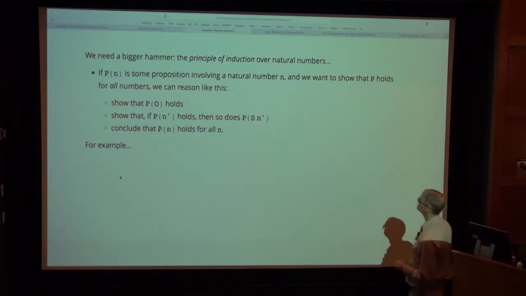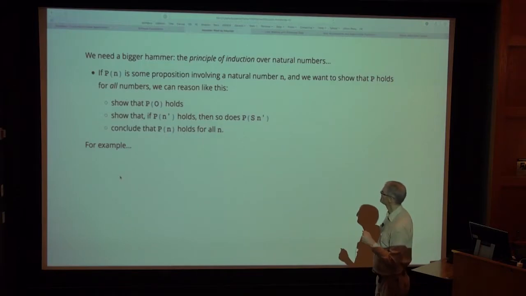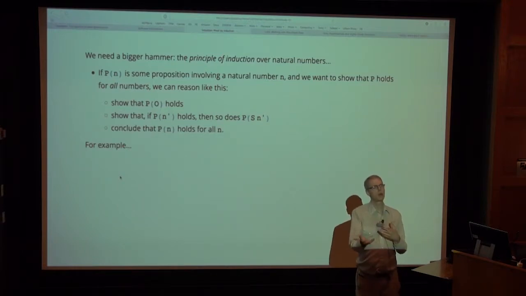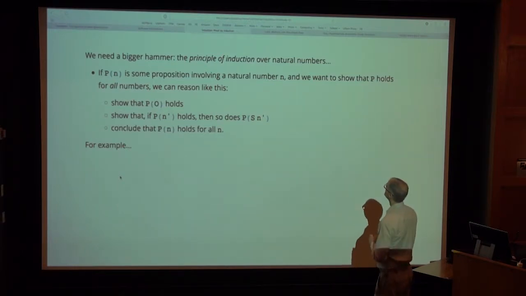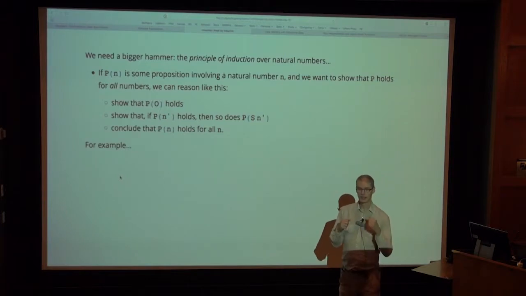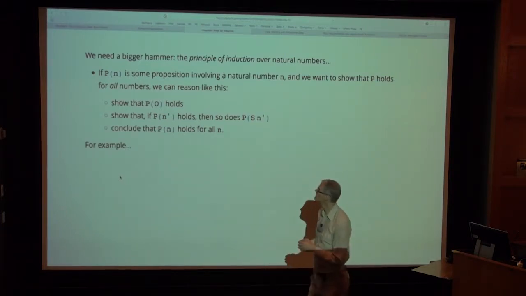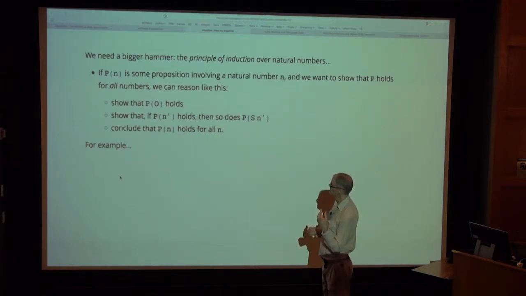It says, if we have a proposition about a number n, and we want to show that this proposition P holds no matter what n is, we have to do two things.